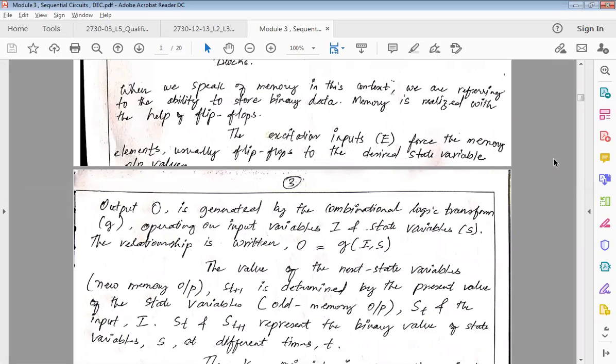What I'm trying to say is there is a lot of innovation happening in the field of electronics, especially in VLSI, very large scale integration, which means a lot of transistors are combined to make complex circuits.